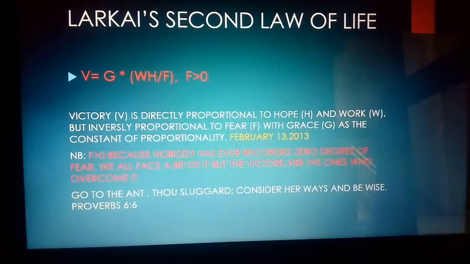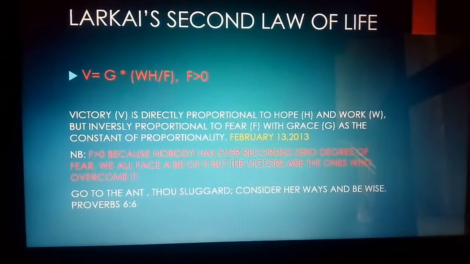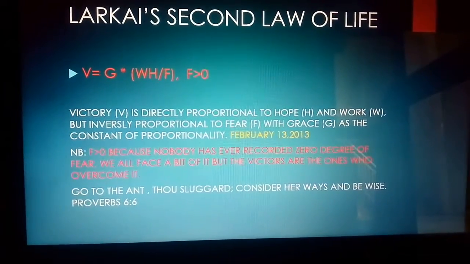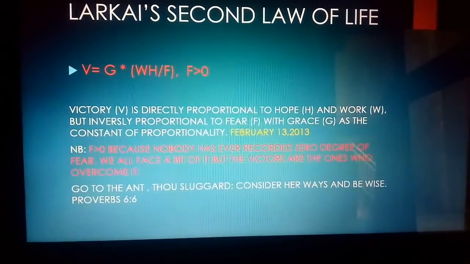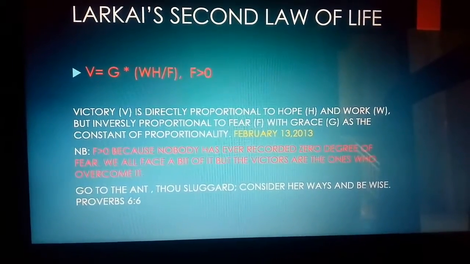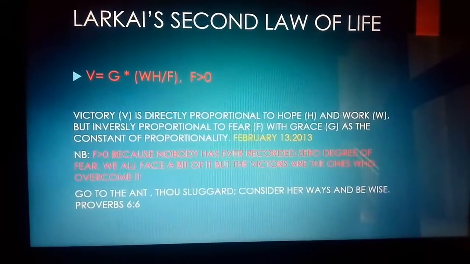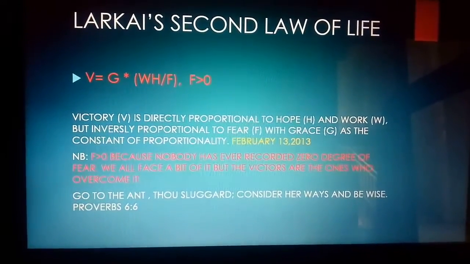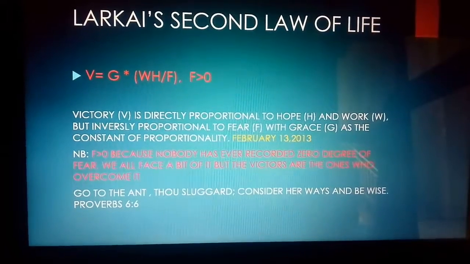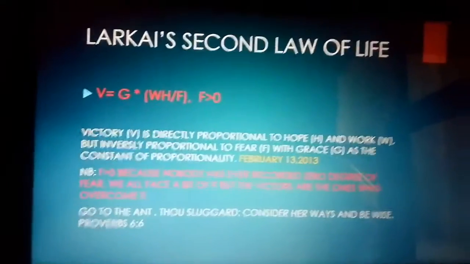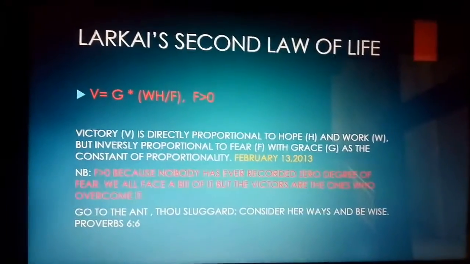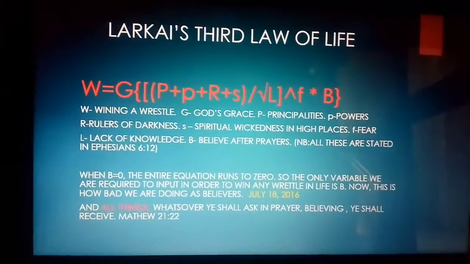And that is how it's expressed in the equation above. V equals G times bracket open W times H over F bracket closed. And as inspired by Proverbs chapter 6 verse 6, go to the ant, thou sluggard, consider her ways and be wise. Okay, let's move to equation number 3.